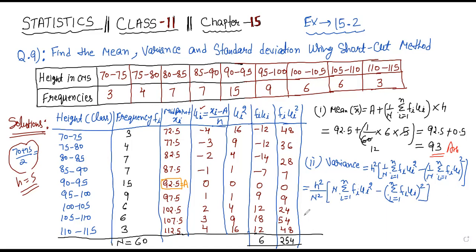Now apply the data: h is 5, n is 60, so 60 square is 3600, and n is 60. Here is 254 minus summation fi ui, which is 6 square, 36. Calculate this, and you will get 105.583. Students, this is the answer of the second part.